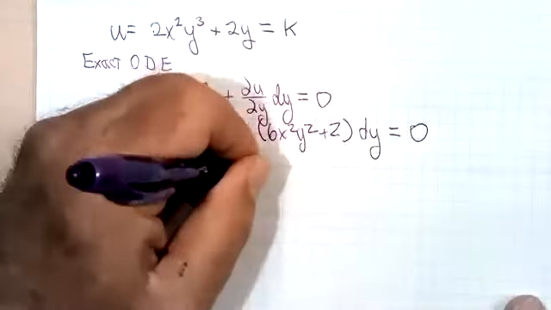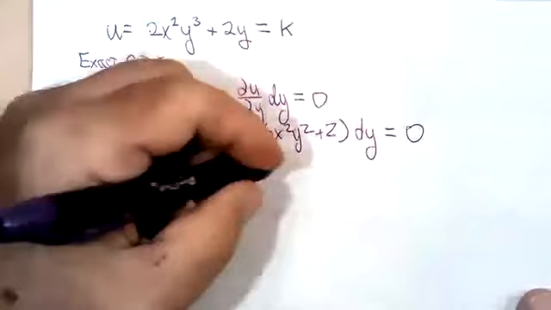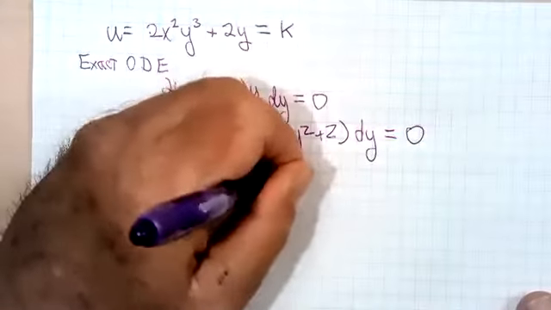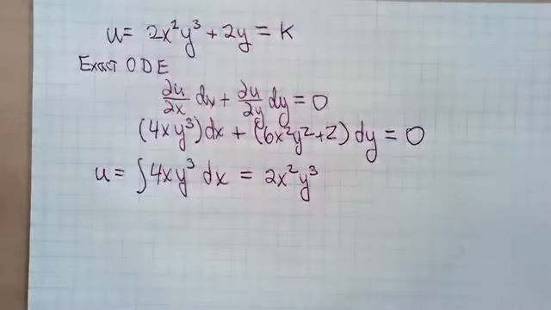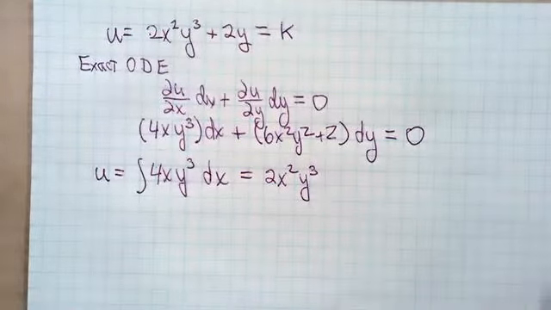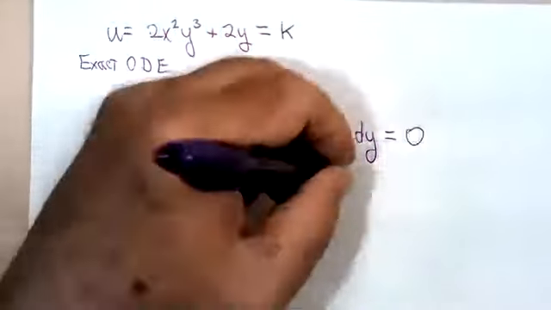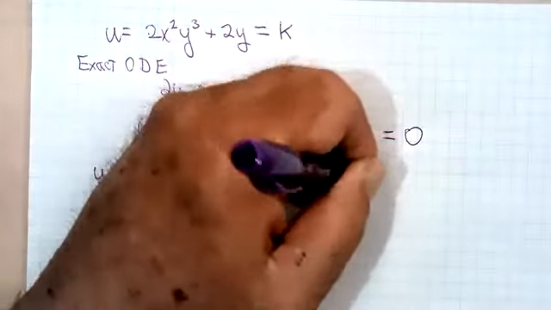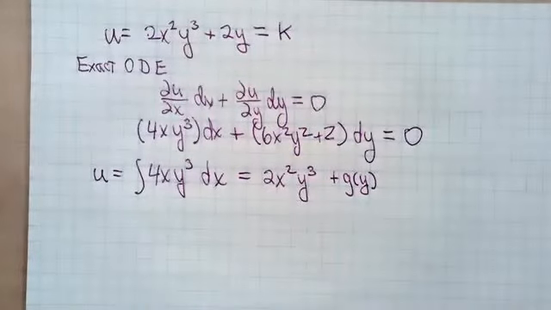Okay, now, when I take the antiderivative with respect to x, I get 2x squared y cubed. But now, normally, like Calc 1, Calc 2, when you take an antiderivative, you throw on a plus c, right? But what that means is something that's constant with respect to x. In this particular case, it's possible that that involved terms involving y, but not x.